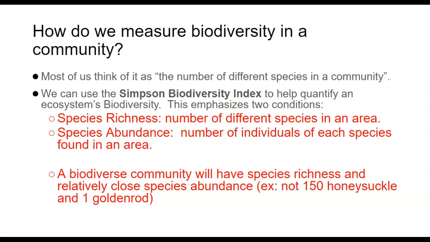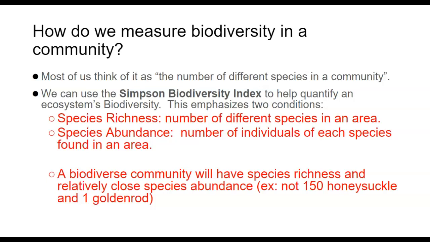So in our second picture, we saw this kind of desolate barren undersea where it was completely taken over with way too many sea urchins. There's a bigger story going on there that you can watch in a video later. But this one is not so healthy, right? Because we had an overabundance of sea urchins. So a biodiverse community should have a species richness and relatively close species abundances.